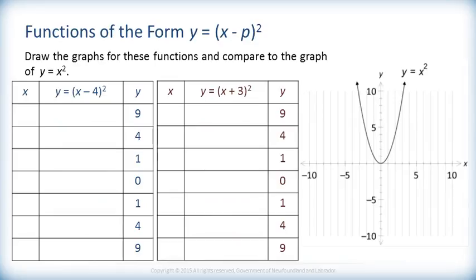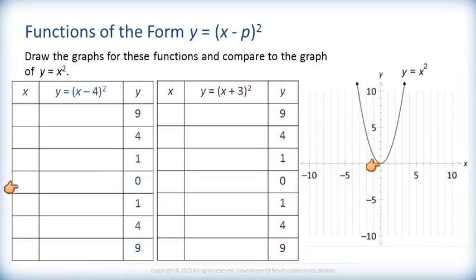Over to our next type, y equals x minus p squared. This time we're going to subtract the number from whatever x value we put in and then square. Notice though, I have put in the y values for my table this time instead of my x values. Let's see why I've done that. Remember on the base graph, 0, 0 is our vertex.